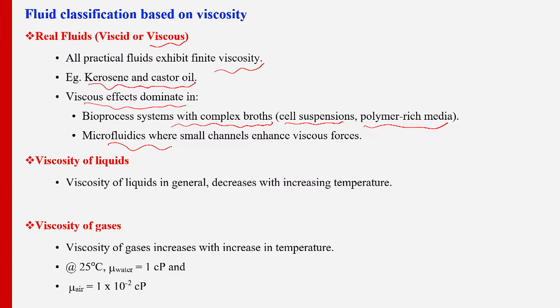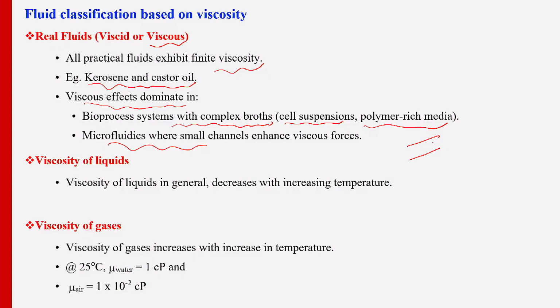Of course, in microfluidics, where small channels occur, viscous force is important, because a microchannel is always less than 1000 micron in size, and when you reduce the size, the viscous effect also increases.